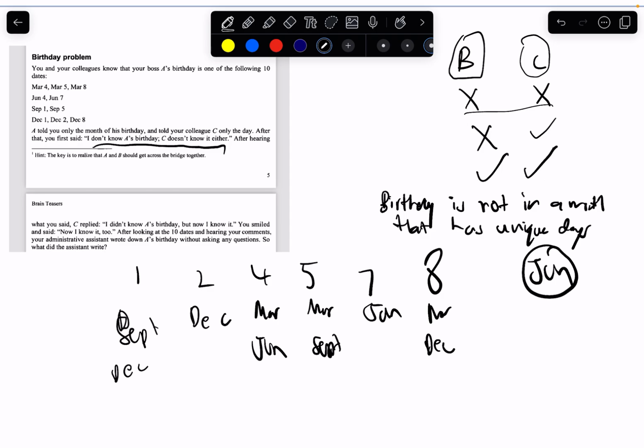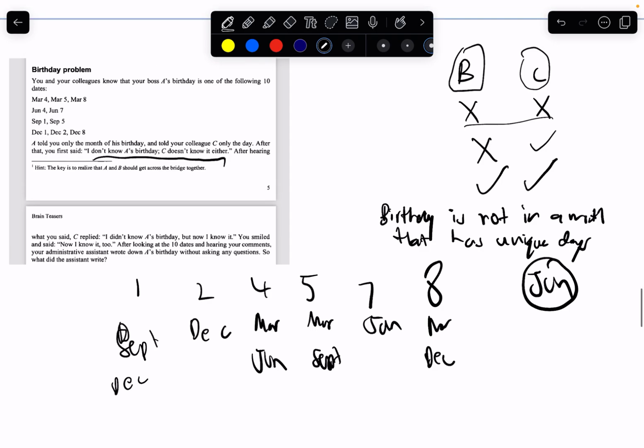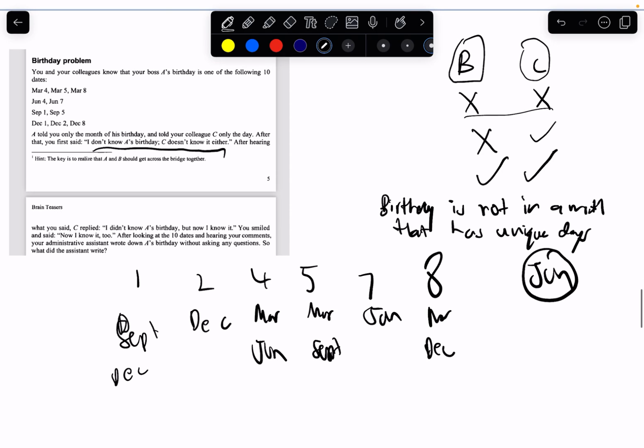But B has made this statement with great confidence, that I don't know his birthday, but C doesn't know it either. So you can rule out the months with unique dates.